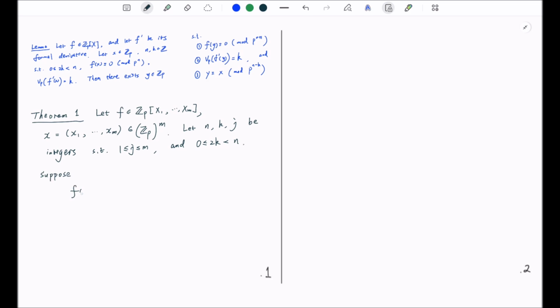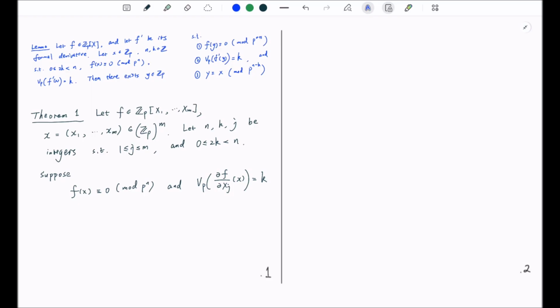First, little x is a root of little f modulo p to the power n. And the p-adic valuation of the j-th partial derivative of f, where j is an integer from 1 through m, evaluated at x, is equal to k.